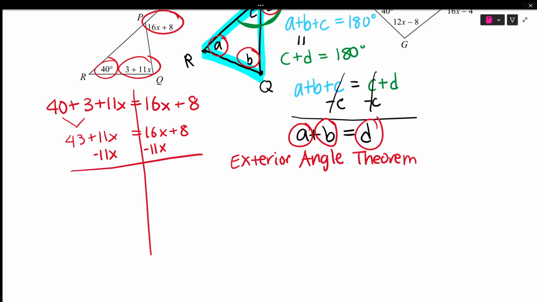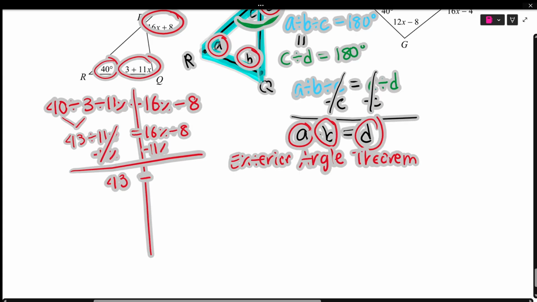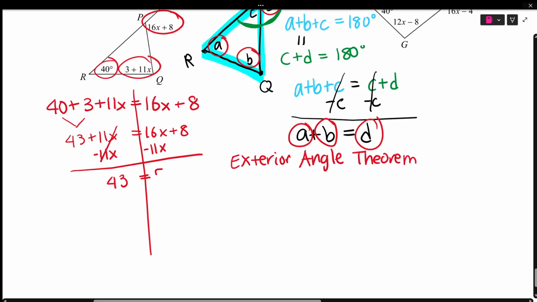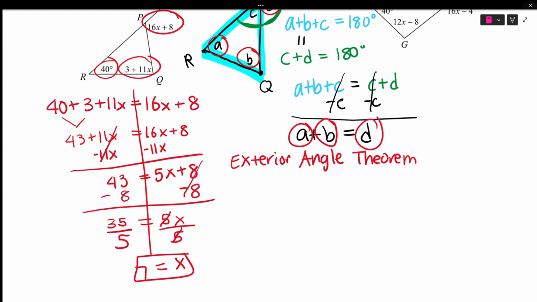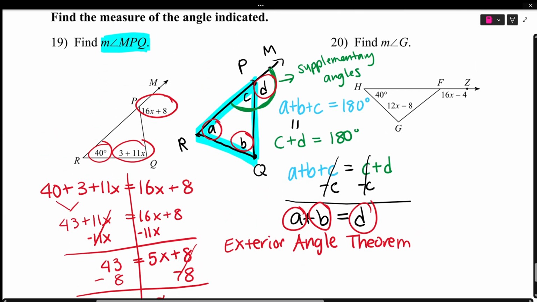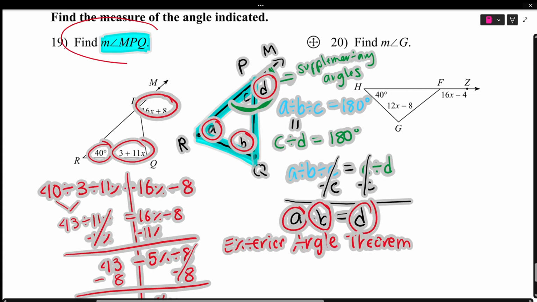Okay, I'm going to subtract 11x on both sides to get rid of it on the left side. 16x minus 11x, that's 5x. Okay, now I have x on the right. Let's go ahead and solve for it. Minus 8, minus 8, 5x equals 35. And then, you know these steps, divide by 5. X equals 7.